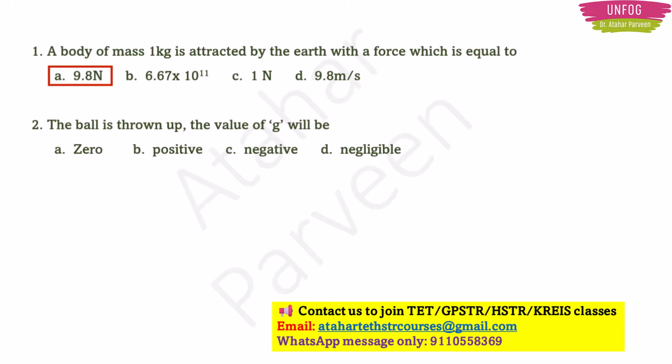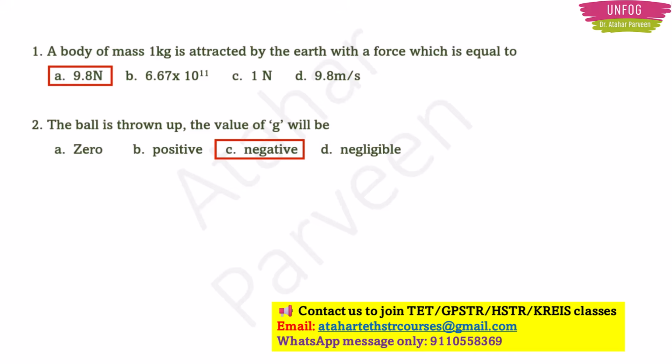In this question, they are telling that the ball is thrown up, which means it is going in the opposite direction of gravity. So the value of g should be, yes, negative. If the ball is coming towards earth, then the value of g will be positive. But the ball is going away from earth, which means it is going in the opposite direction. So it will be negative. So option C will be the right answer.